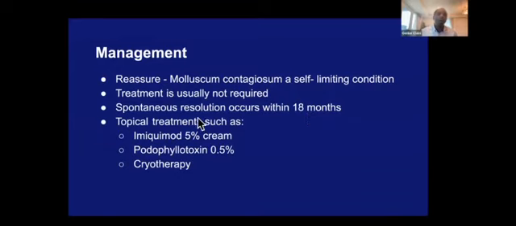There are certain situations where you can treat, usually genital Molluscum contagiosum, which is sexually transmitted or sexually related. That's when you would usually treat, and if you are going to treat, there are different creams that can be used. But in this particular case, this particular child, we do not have to treat.